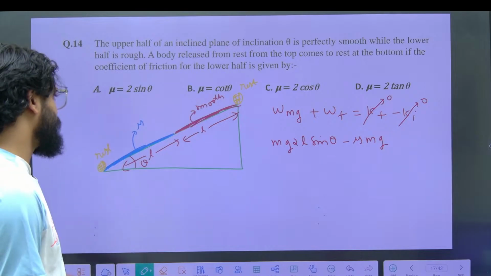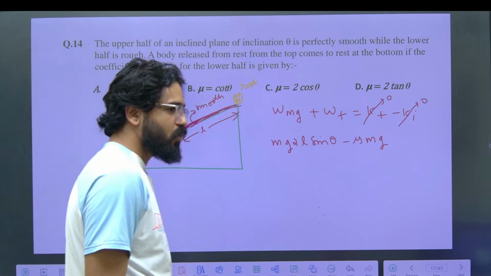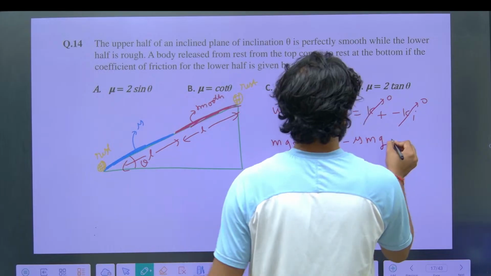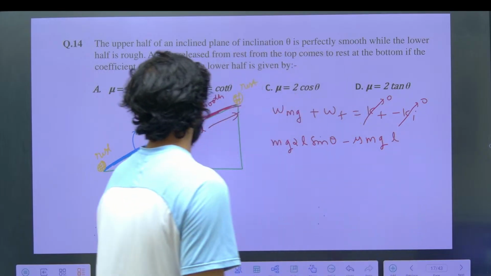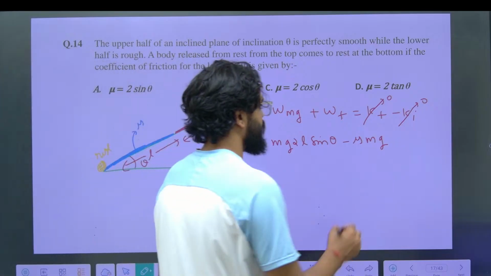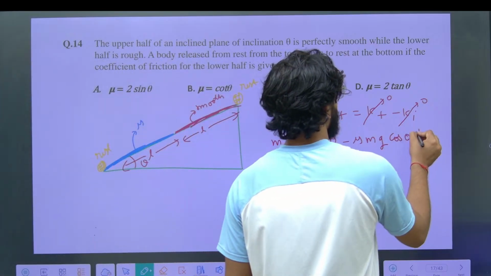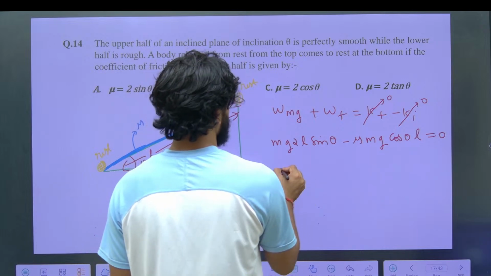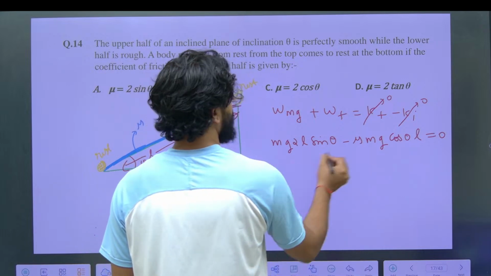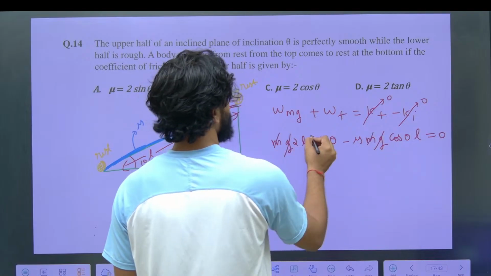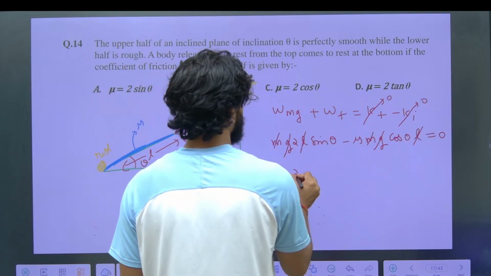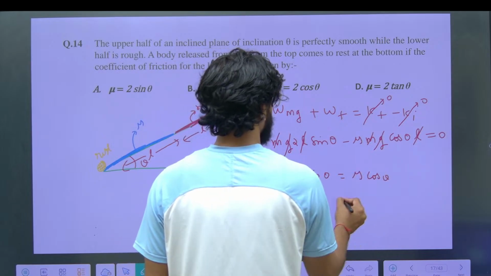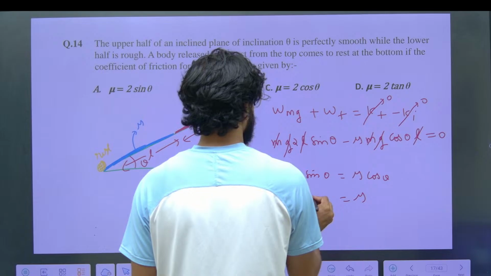Over here it is smooth, so it does work only in the rough part. So it equals 0. From here mg and L get cancelled out: 2 sin theta equals mu cos theta. So mu will come out as 2 tan theta.